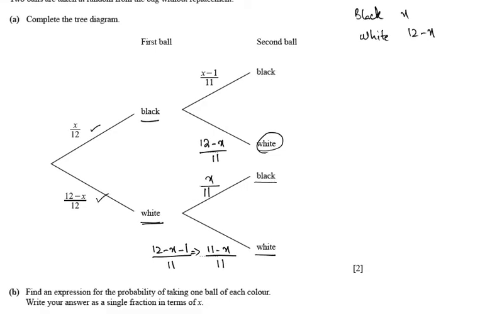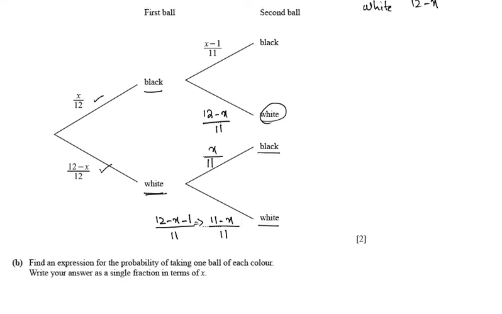Now in the next part, they are saying find an expression for the probability of taking one ball of each color. So it means we will take black and white or white and black. Here we have two possibilities: the first ball can be black and the second one white, or the first one white and the second one black.